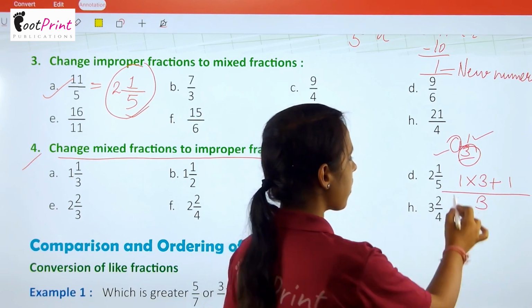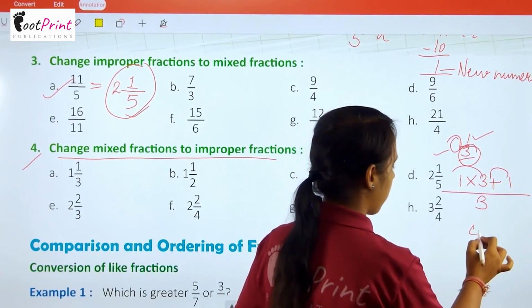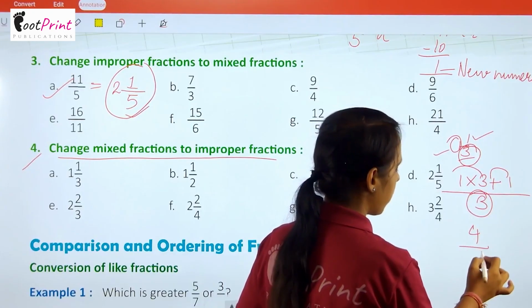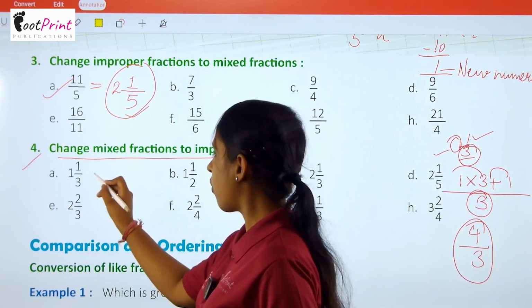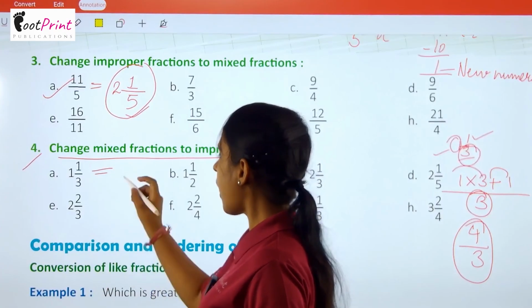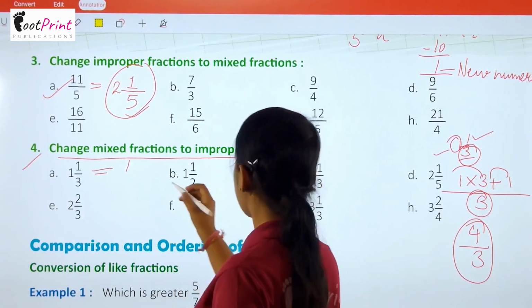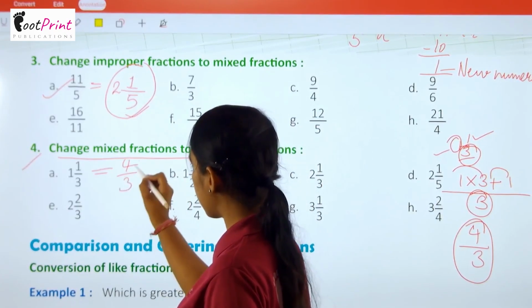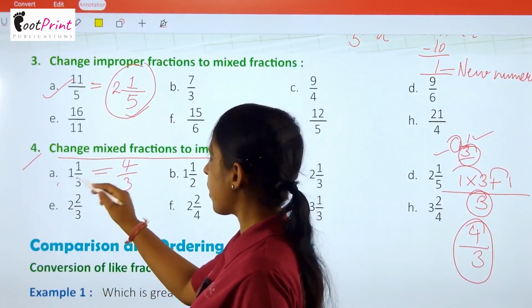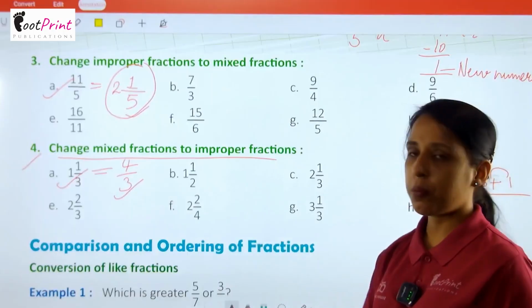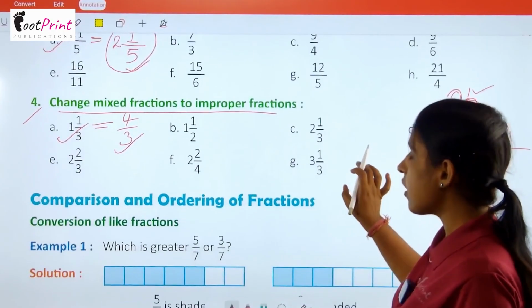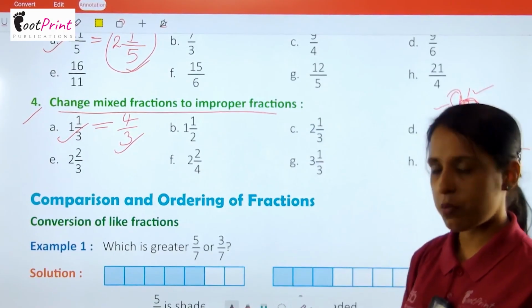So 1 threes are 3 and 1 is 4 upon denominator will be the same, that is 4 by 3. It means we can write 1 whole 1 by 3 as 4 by 3. It was in mixed fraction, it is in improper fraction. So in this way you can solve all the questions by yourself.